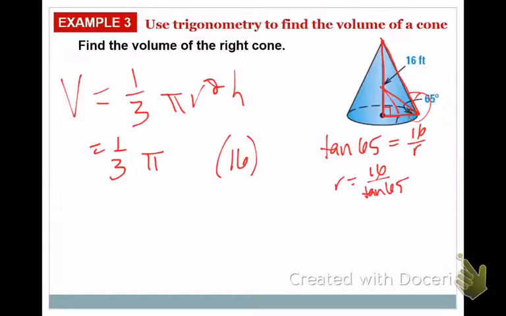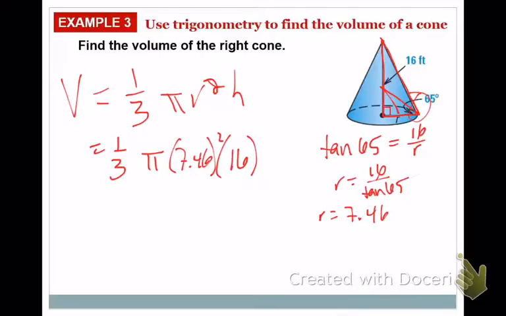Okay? And so that radius is going to be 7.46. So again, we're dealing with some right triangles. So you need to be aware and able to use any of our right triangle stuff.